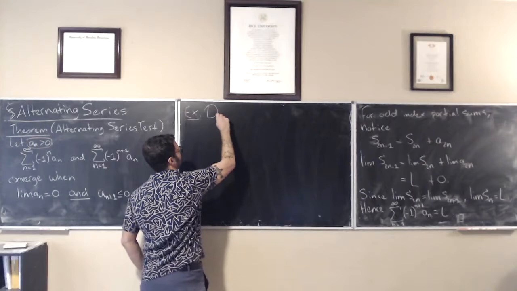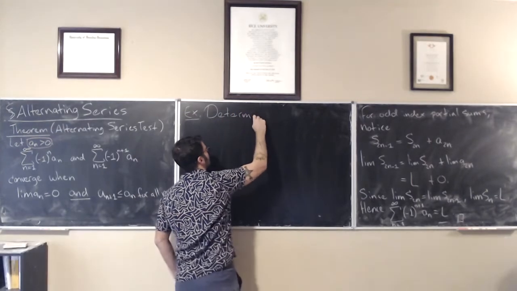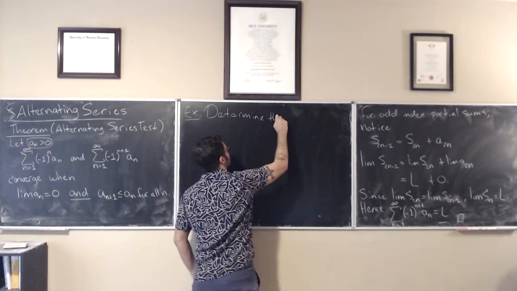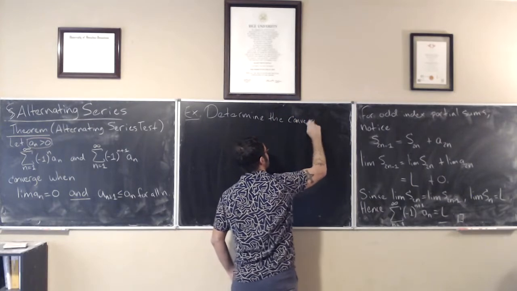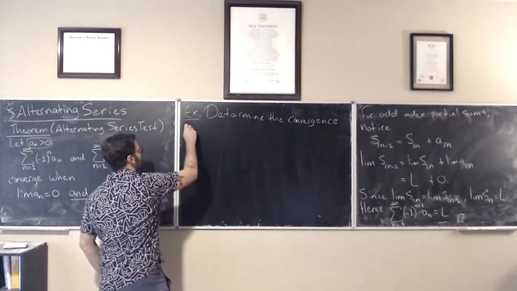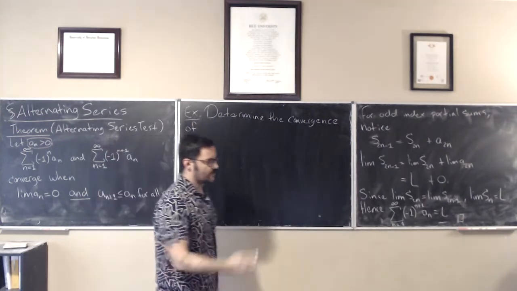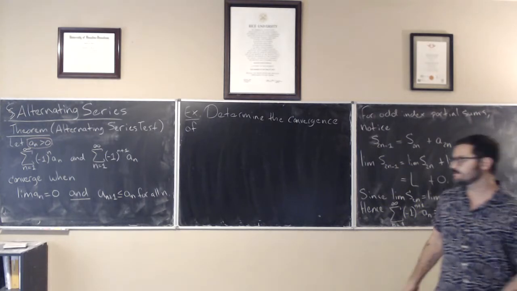So all of these questions are about the same problem. Determine the convergence of what series do we have? Alternating harmonic series, looks like.